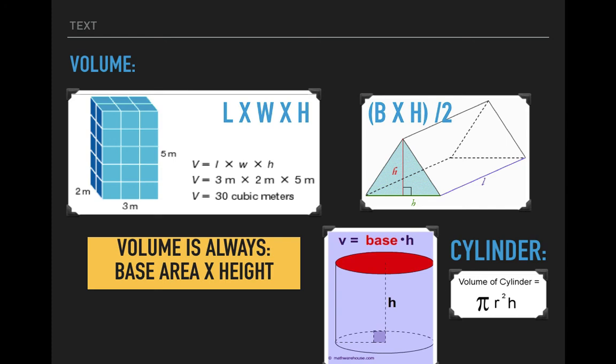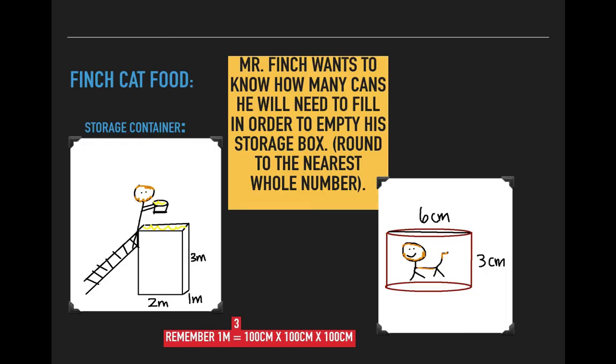Now let us apply this to the very real question of, okay, Mr. Finch has decided to give up teaching and he has decided instead to make cat food. For some strange reason, he loves to store all of his cat food in giant rectangular containers.